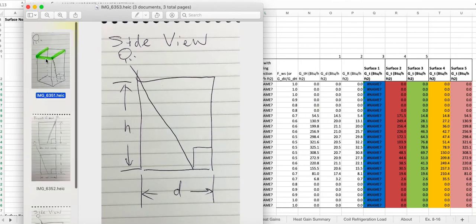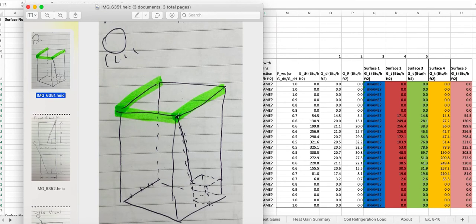So the problem is this. You have a box which represents the courtyard, and then inside the box you have a smaller box, that's the conference room that sits at the bottom of the courtyard.